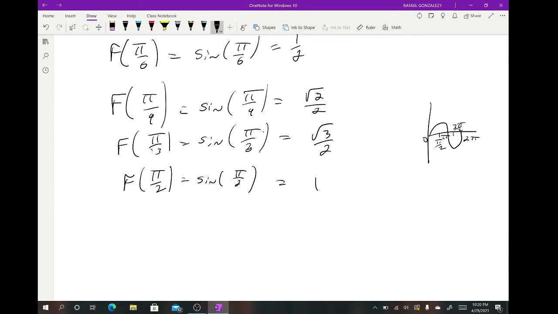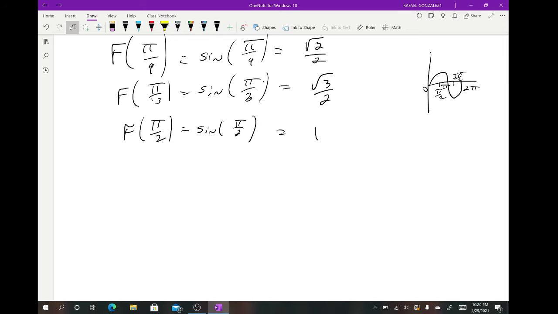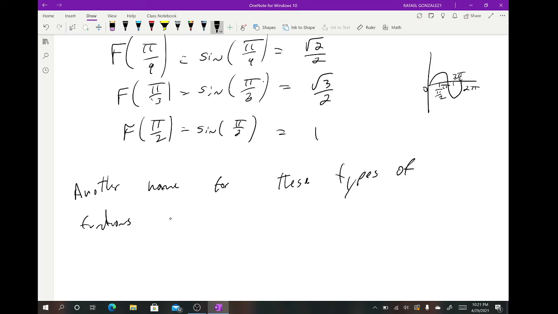Okay, so let me just give you some other piece of information. Another name for these types of functions that are given as integrals, definite integrals at that, is accumulation functions.